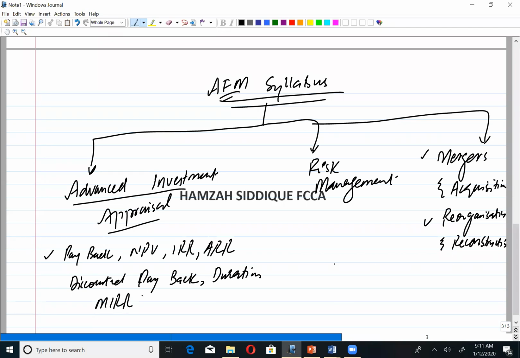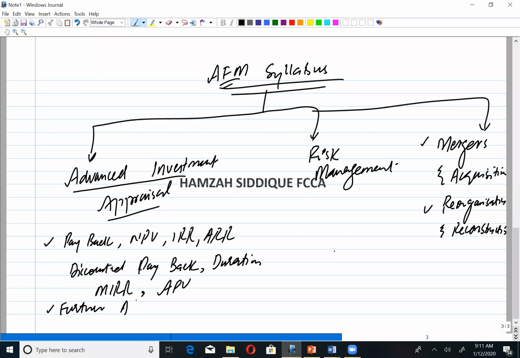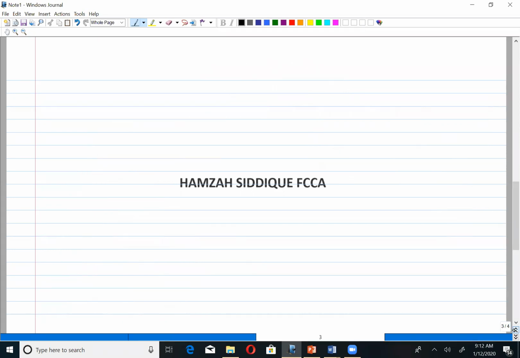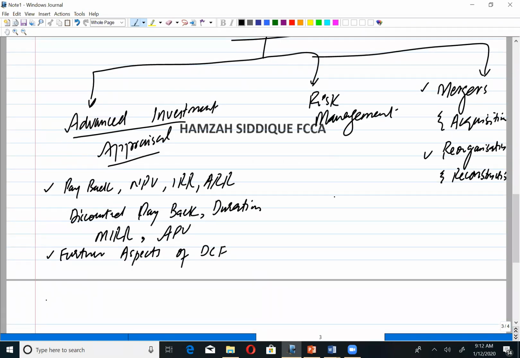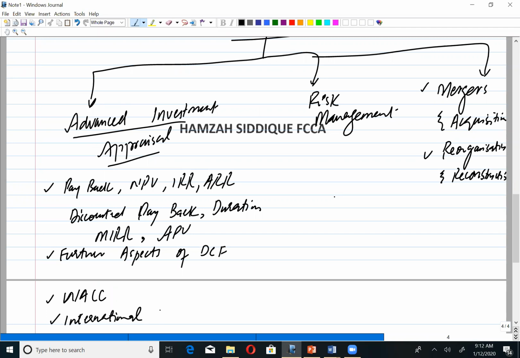There is another technique, that is APV, adjusted present value. There are further aspects of discounted cash flows, risk and uncertainty, capital rationing, and then weighted average cost of capital. So this is your investment appraisal, and then international investment appraisal.